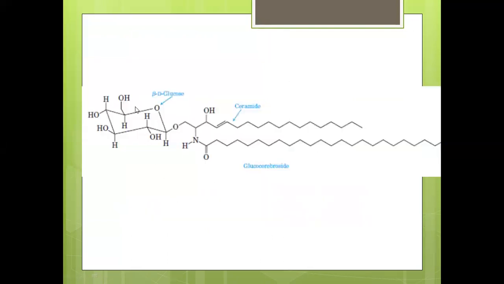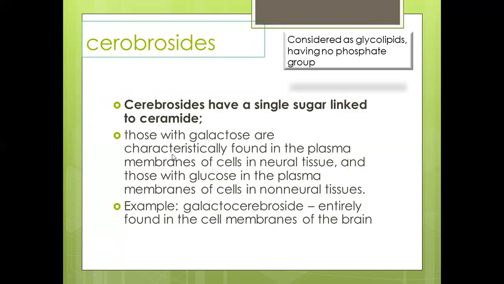In the example here, we have glucose, but changing one position of the OH, you can have your galactose, okay? So example, you can have your galactose cerebroside entirely found in the cell membrane of the brain. And you know that galactose can find that sa milk, sa mga milk, right?